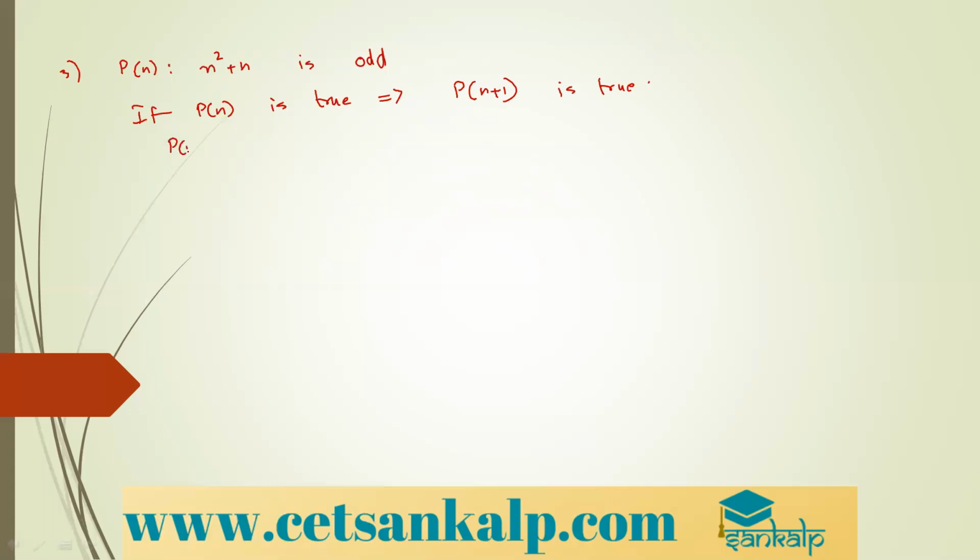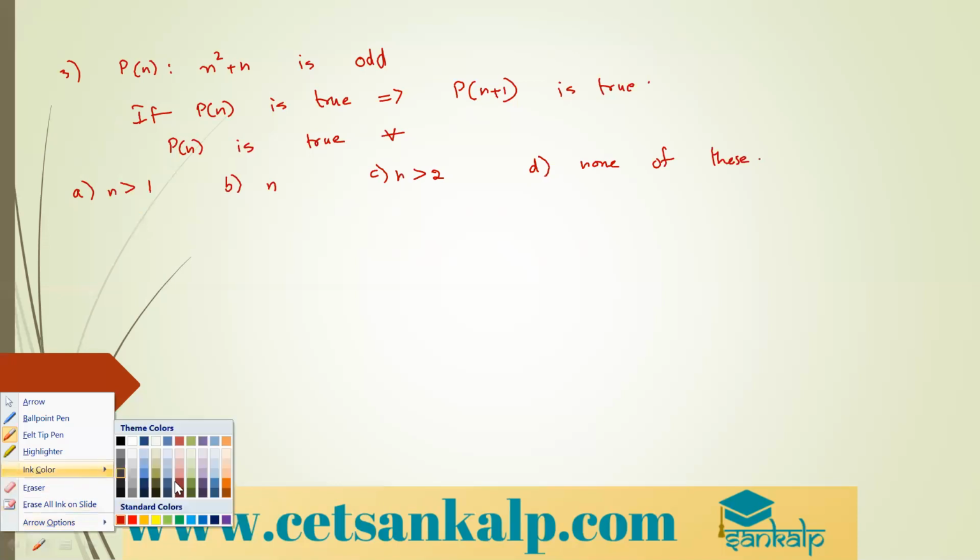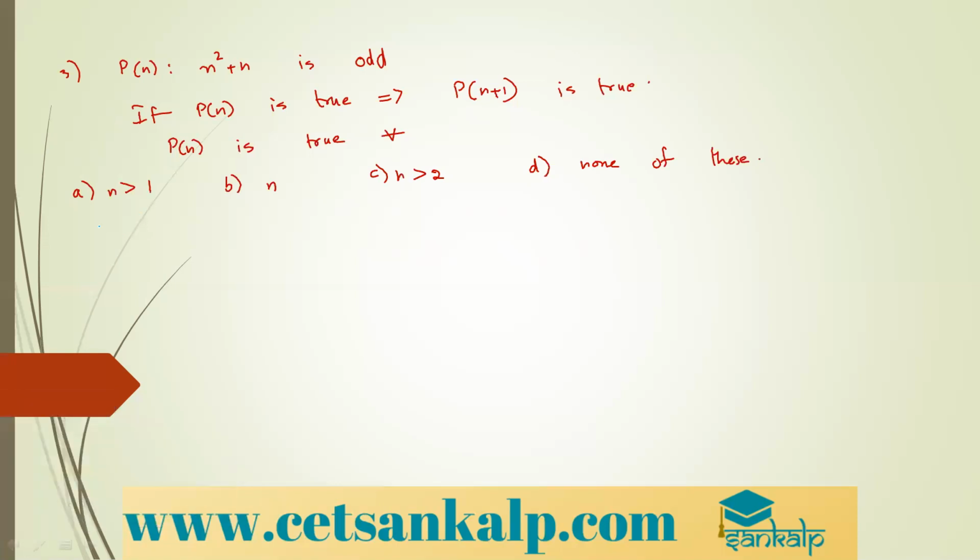Then you have to say P of n is true for all. Options are n greater than 1, or n greater than 2, or none of these. So in order to see that, we have to put n equal to 1.